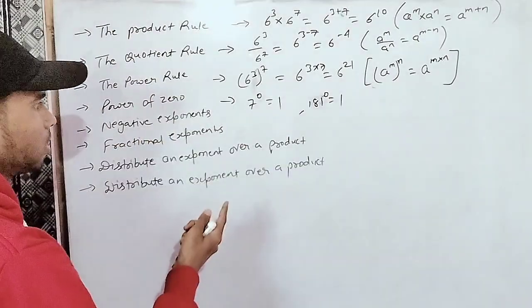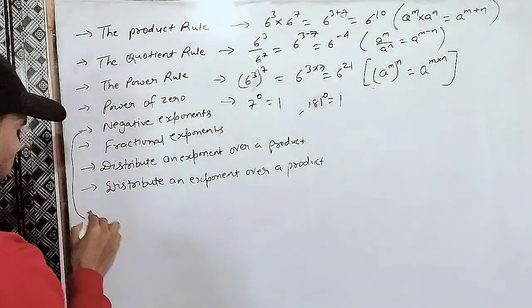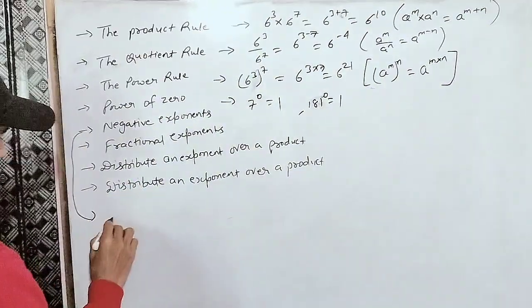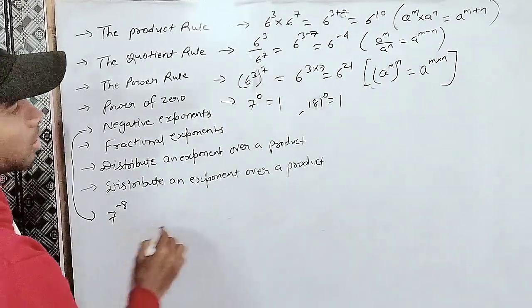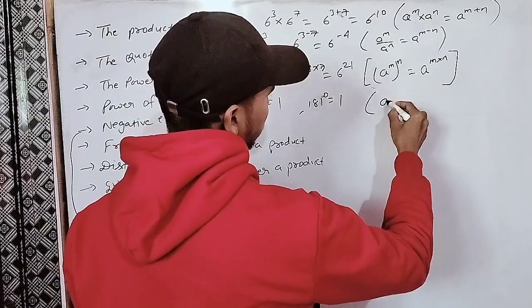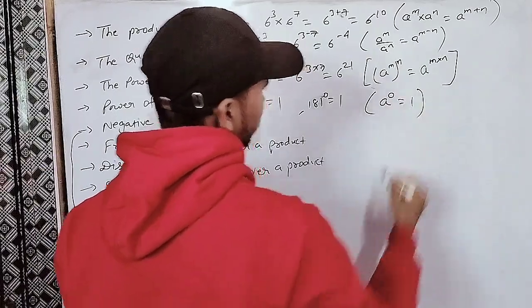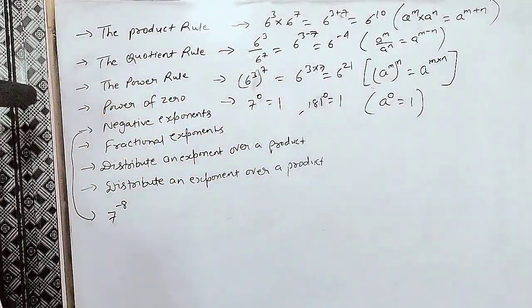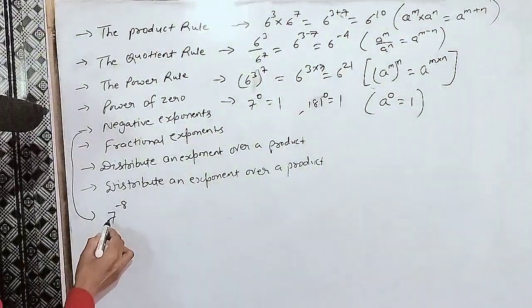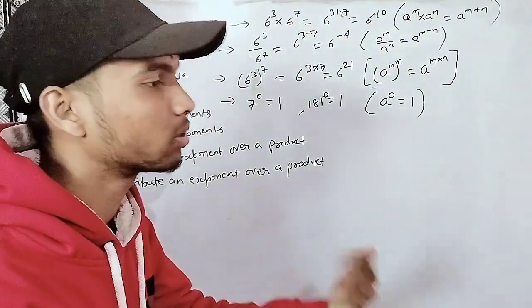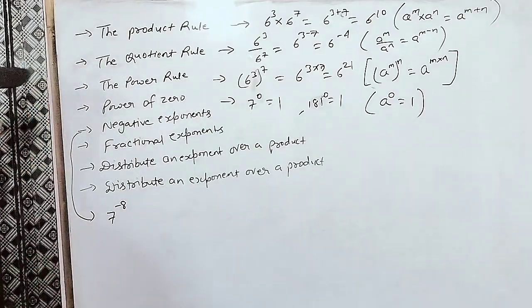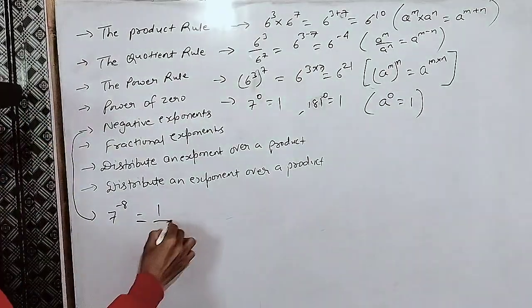Negative exponents. So here we have it like that. It can be written as a to the power minus n equals 1 over a to the n. Okay, clear? So here 7 is a base with a negative exponent. It will be written like that.